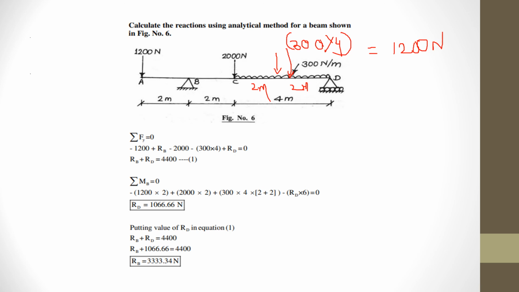So we will use here summation Fy equals to 0 and moment equals to 0. But for this, take here the reaction as RB and here the reaction as RD.